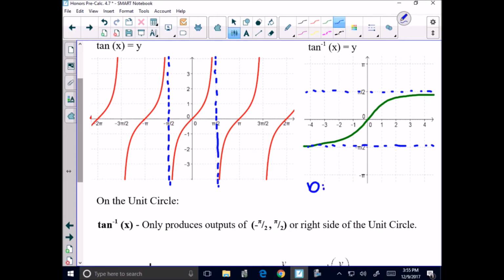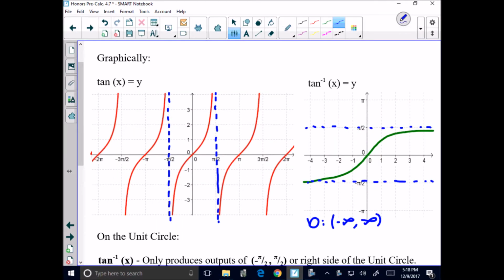Right here, we're going to say that the domain of inverse tan is going to be negative infinity to positive infinity. The range for inverse tan is going to be from, but not including, negative pi over 2 to, but not including, pi over 2.